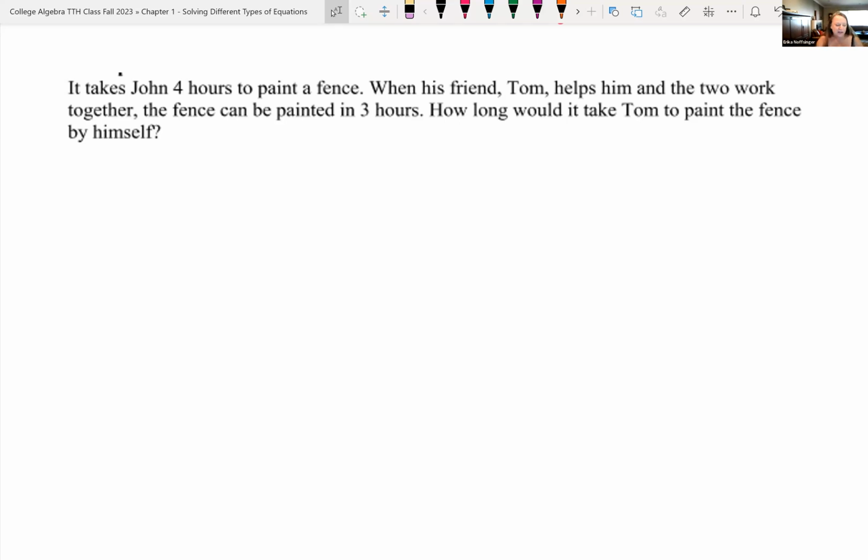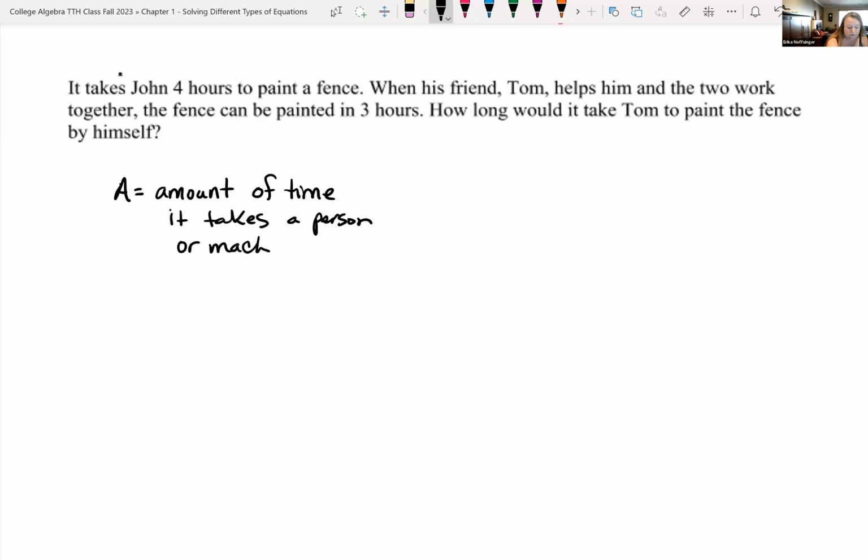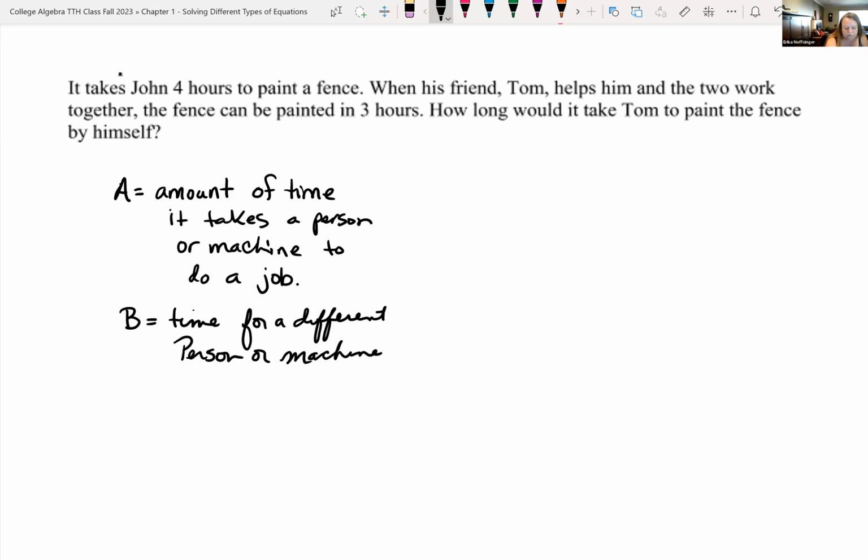How long together? So to set these types of problems up, let's say capital A is equal to the amount of time it takes a person or machine to do a job, let capital B equal the time for a different person or machine to do the same job.